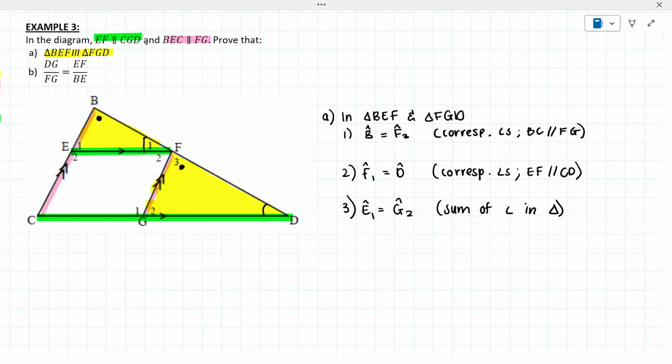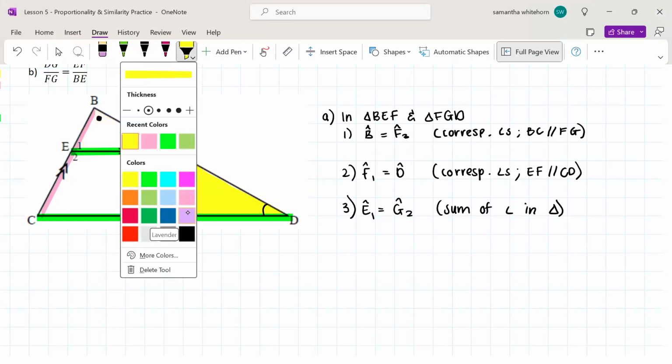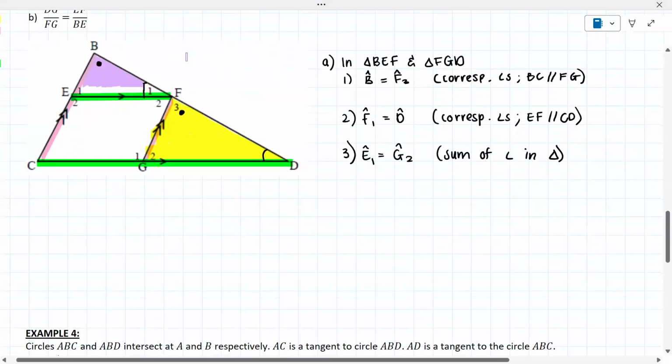Now what I want to point out that I haven't before, and that's completely on me, is if we take the yellow highlighter, so we were proving that the purple triangle is similar to the yellow triangle.